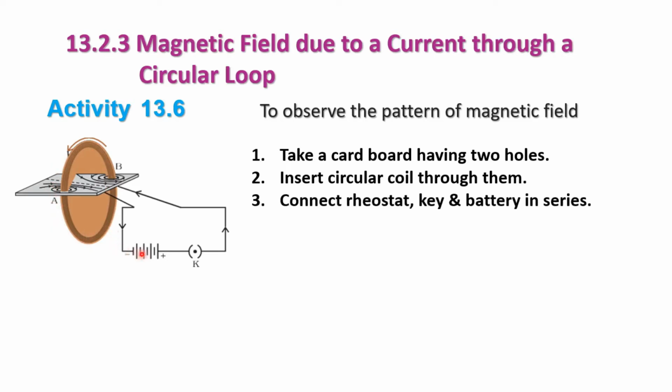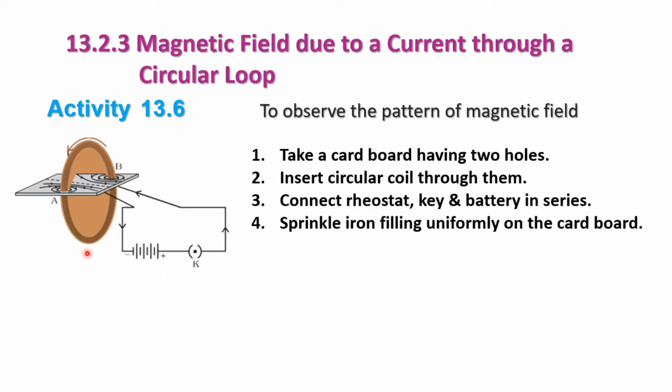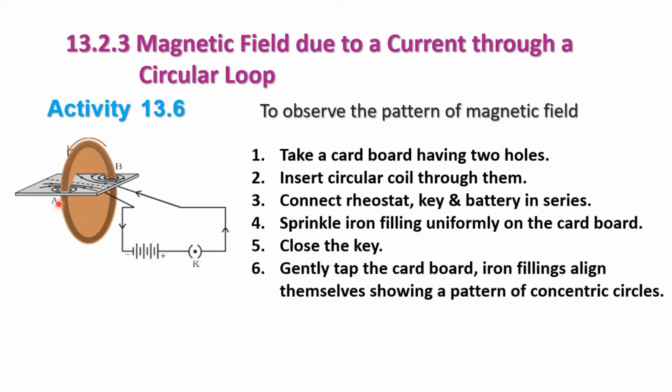Connect rheostat, key, battery in series. Sprinkle iron filings uniformly on the cardboard. Close the key. So you have to switch it on. Gently tap the cardboard. Iron filings align themselves showing a pattern of concentric circles.